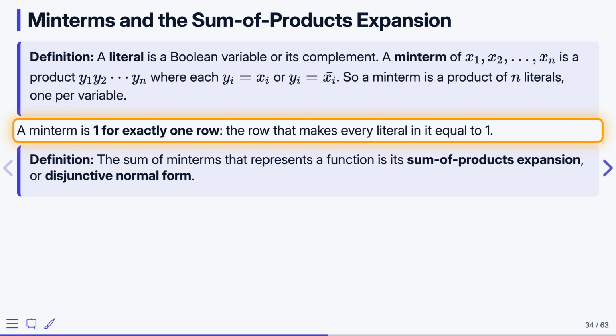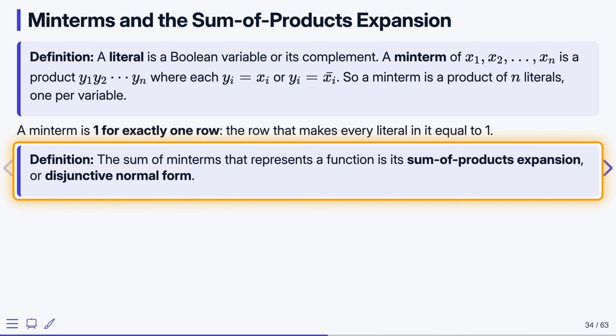That is the row which makes every literal inside it equal to 1. So a minterm works like a switch for a single row. When we add up the minterms for all the rows where a function is 1, the result is called the sum of products expansion. Another name for it is disjunctive normal form.